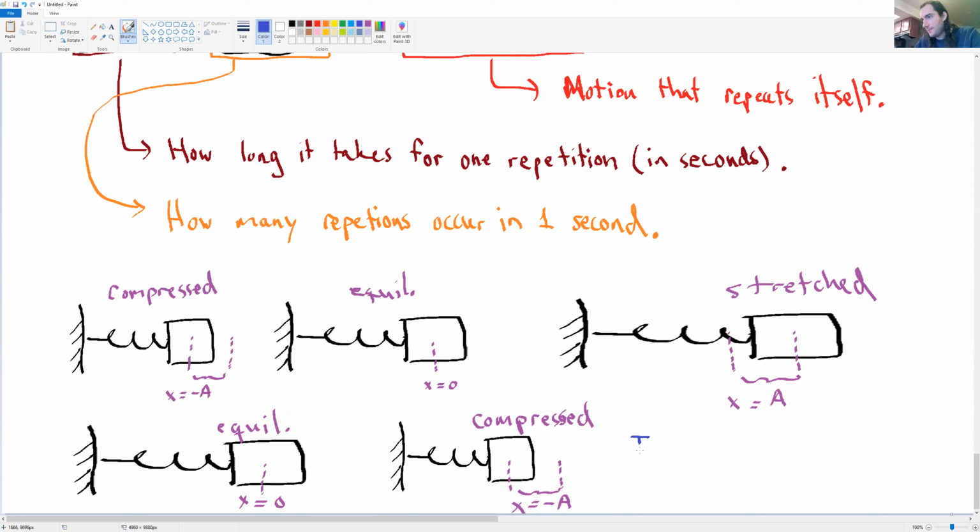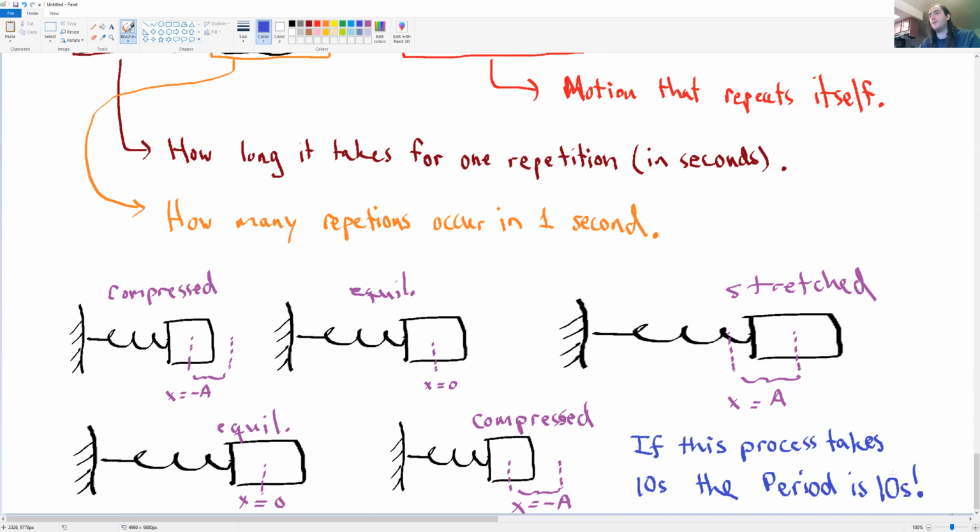So let's say this process takes 10 seconds, then the period is 10 seconds. Okay?